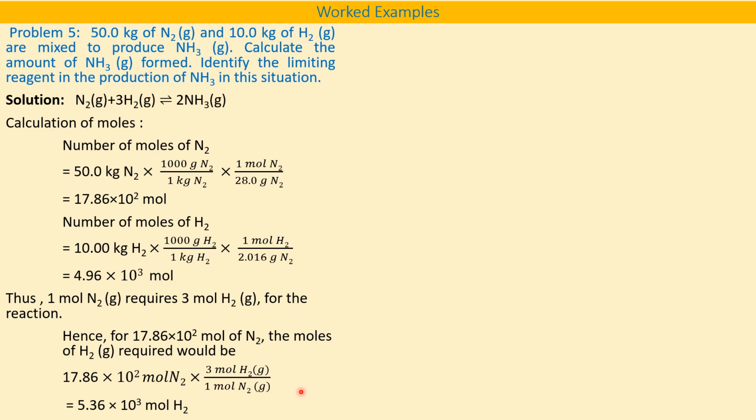If you examine that, we have only 4.96 × 10^3 moles of hydrogen. Hence, the dihydrogen is the limiting reagent in this case.